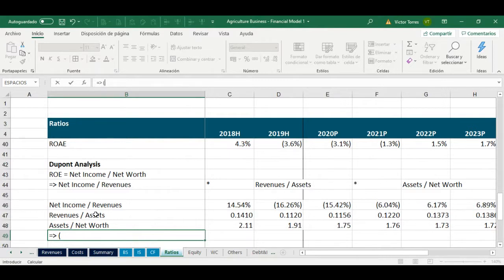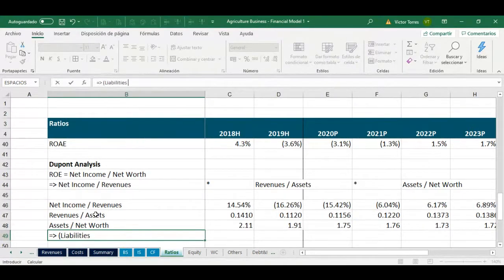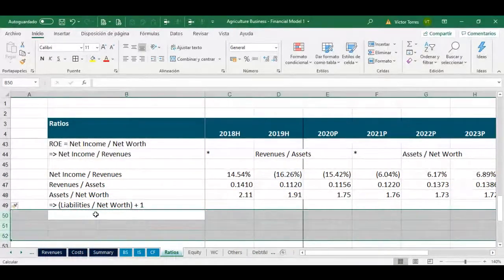So what you can have here is liabilities divided by net worth, plus one. It's going to be the same.